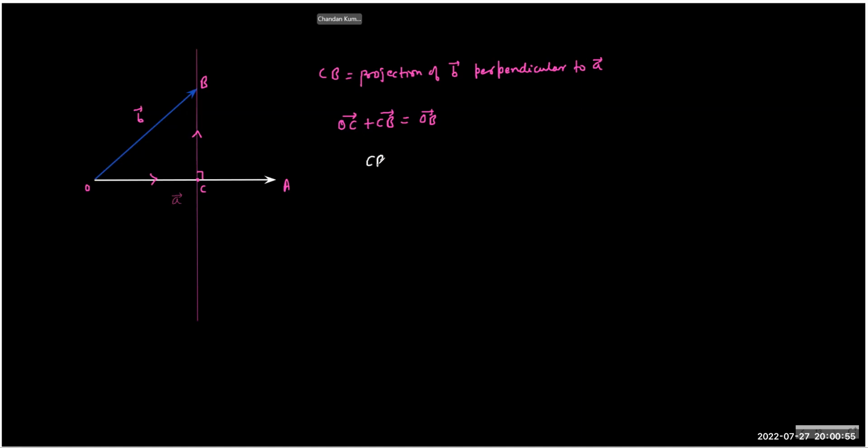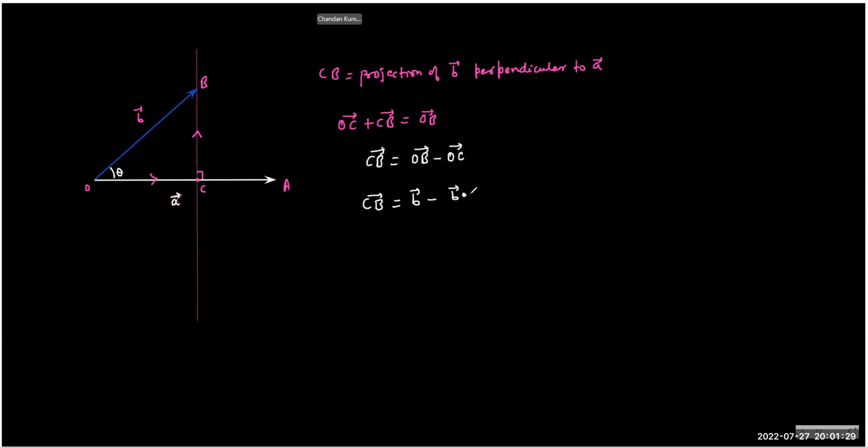So CB, we can directly get the CB vector, that is the projection vector. So what is the CB vector directly? OB minus OC. And OB is B vector. And we have learned how to find OC. OC is the projection of B onto A, correct? What was OC, guys? Projection of B onto A, yes or no?